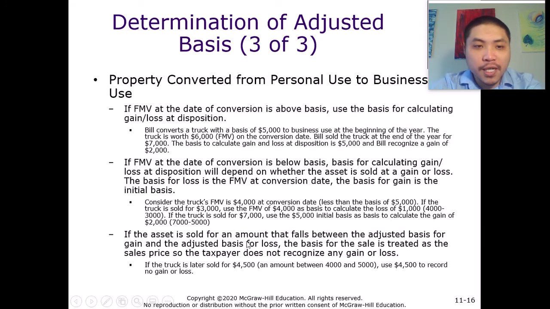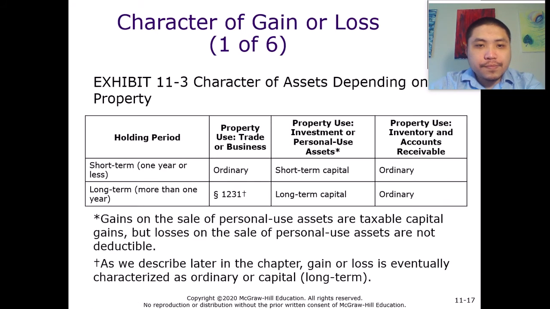All right. So let's talk about the character of gain and loss. After we are able to calculate the gain or loss from selling or disposing of the property, the next step is to characterize the gain and the loss.